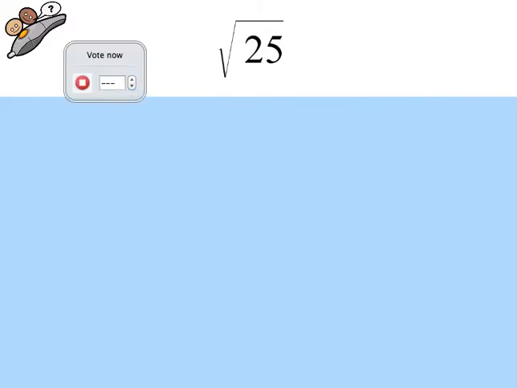Okay, let's try this one. What is the square root of 25? Now you might already know this. You might not even need to write anything down.